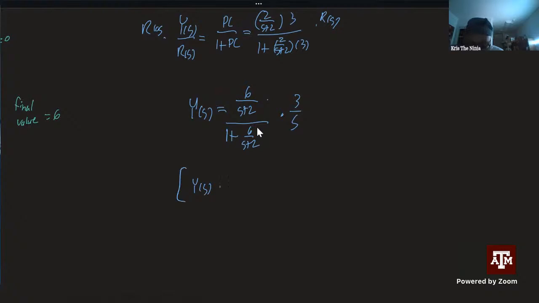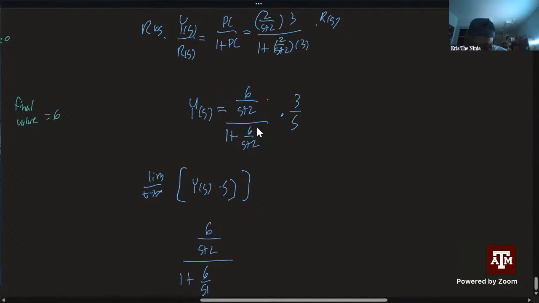We need the limit of Y of S times S as t approaches infinity. So we'll have 6 over S plus 2, over 1 plus 6 over S plus 2 times 3 over S, times S. This S and this S cancel.